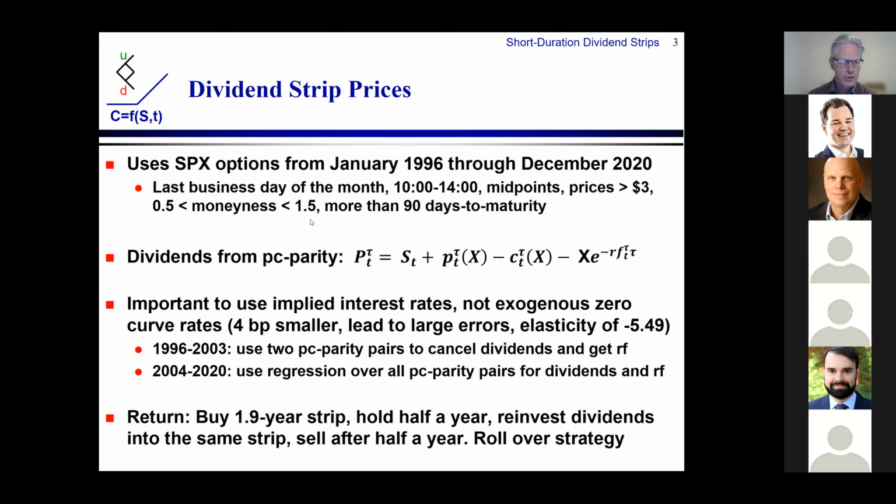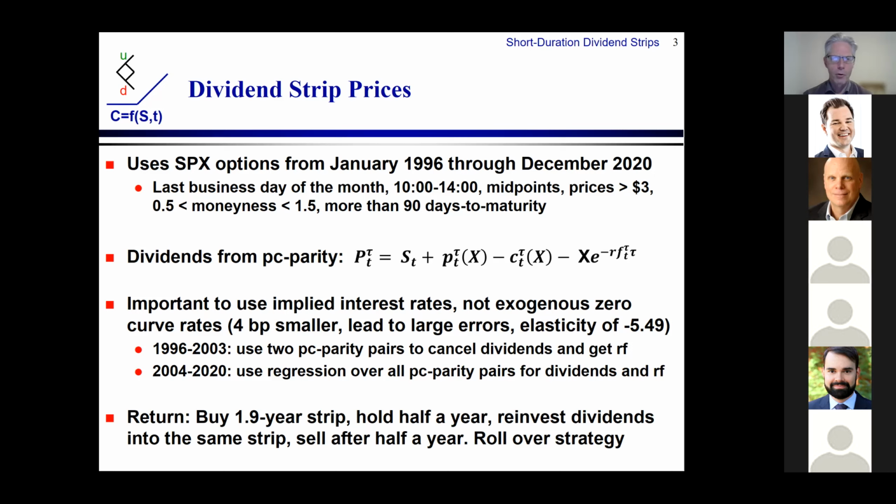We are pretty generous on the moneyness and go all the way from 0.5 to 1.5, so essentially including everything and hardly excluding anything. There is a robustness analysis showing that these assumptions and filters do not really matter that much, but I'll turn to that later.